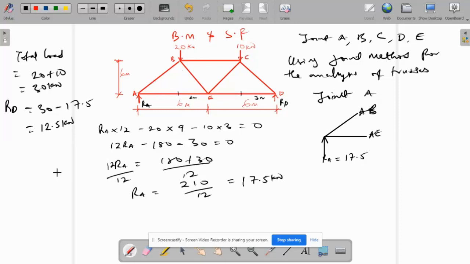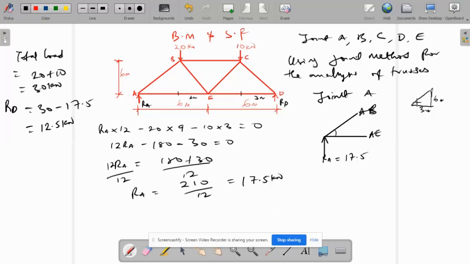Let's determine this angle here. Remember that we have this angle where the sides are of this form, but this is 3 meters, and we have the height here given to us as 6 meters.